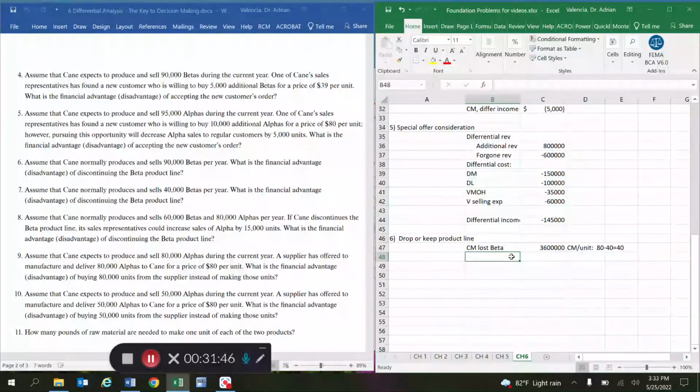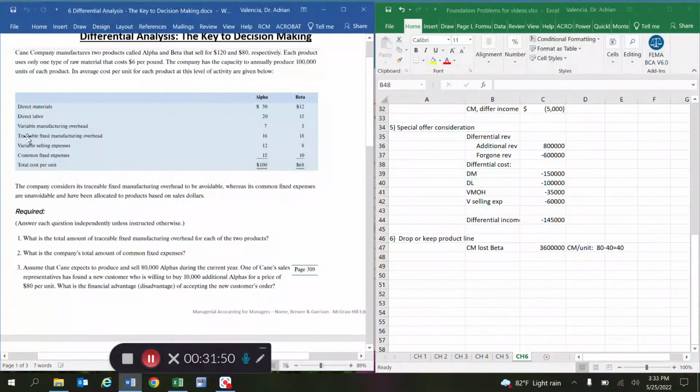Some of these fixed costs, they're saying they're traceable and they're avoidable. That's important. Normally they're not easily avoidable, but in this case they're saying that these would be avoidable. And if that's the case, then we need to incorporate that here, because it can influence this decision.